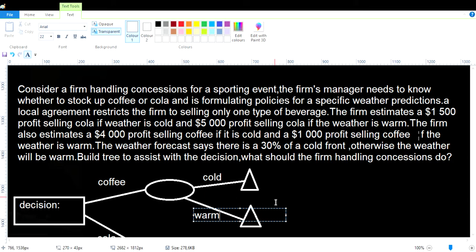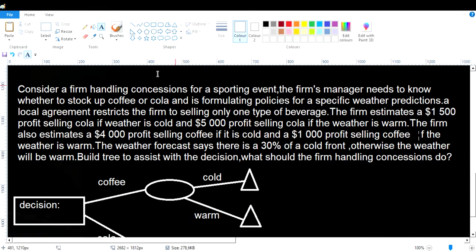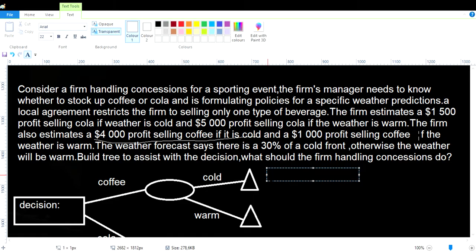Then let's check the profit of coffee if the weather is cold or warm. Here the firm estimates a $4,000 profit selling coffee if it is cold. Then here I'm going to write $4,000.